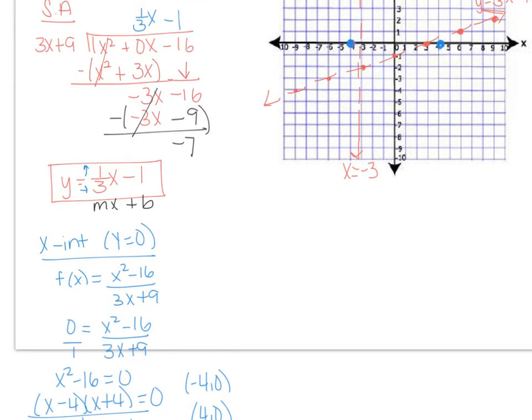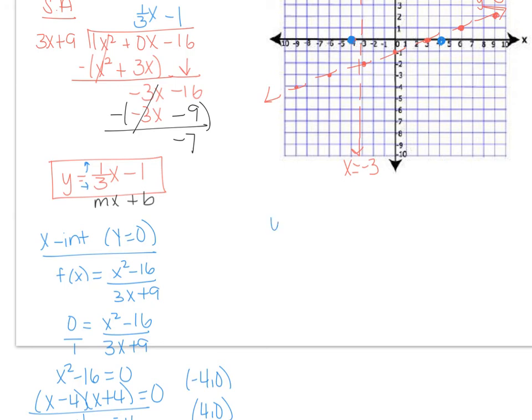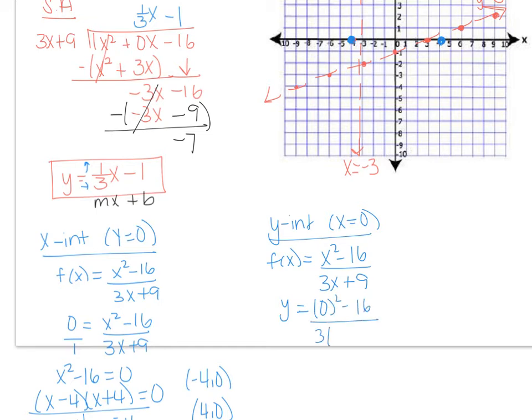And let's find some y-intercepts. So remember, a y-intercept is when we set x equal to 0. So f of x equals x squared minus 16 over 3x plus 9. So y equals 0 squared minus 16 over 3 times 0 plus 9.